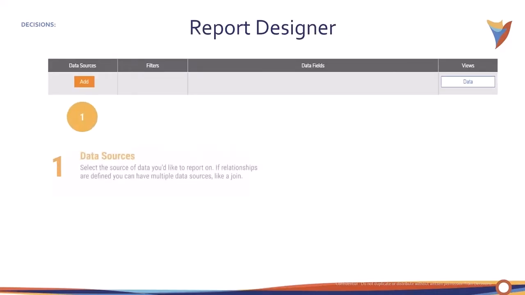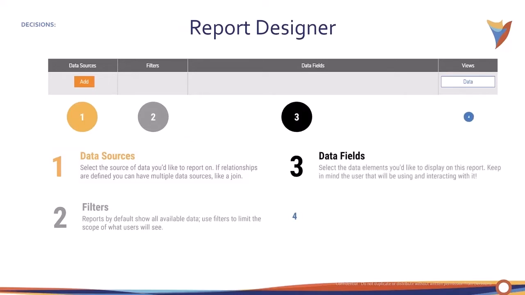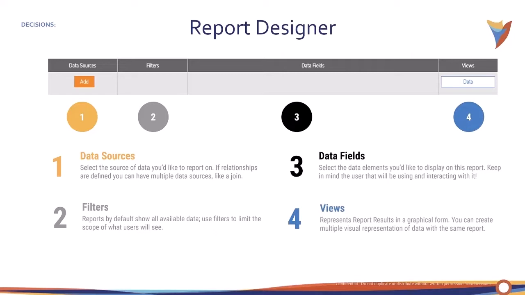This is a representation of what you will see when we start creating our report. This is a quick snapshot of how the report designer looks, and as you can see, it has four main components. In one, we add the data source, the source from where we would be getting the information which we would want to showcase on our report. The second point is about the filters, how we can filter our report depending on what we would want to show and what we don't want to show.